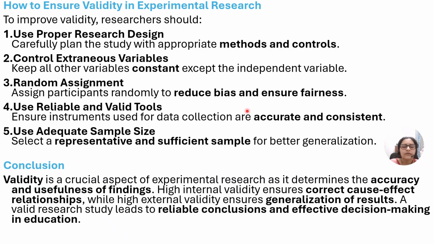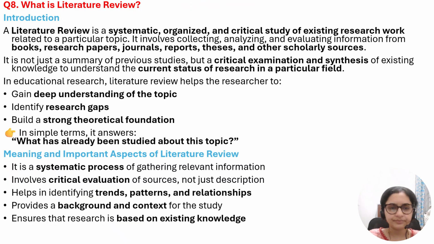Then use reliable and valid tools and an adequate sample size. If you are trying to use internal validity in your research, then you have to use a small sample size. If it is external validity, then you have to use a large sample size. So adequate sample size is very important.